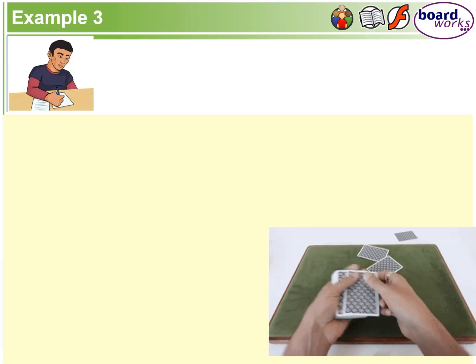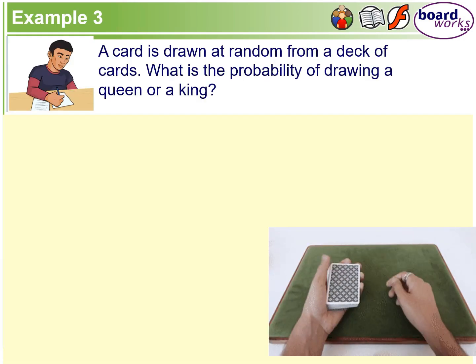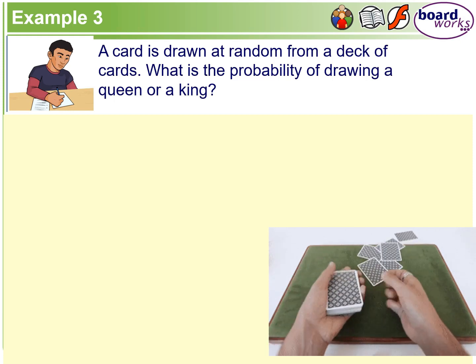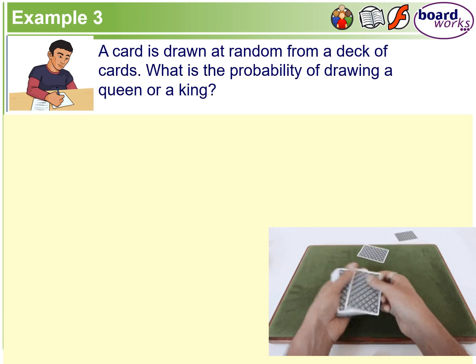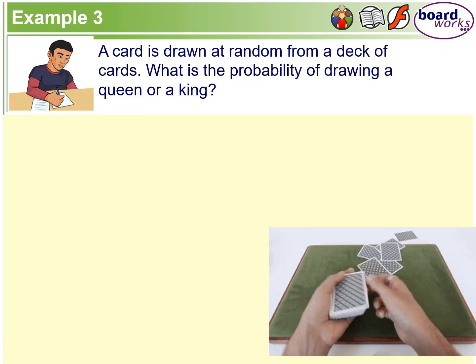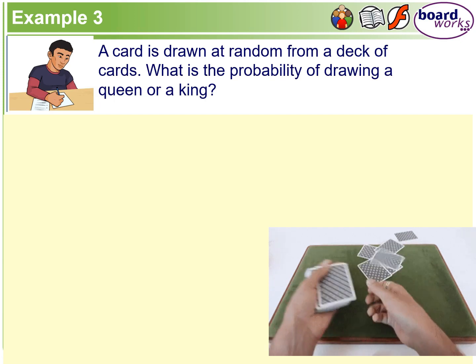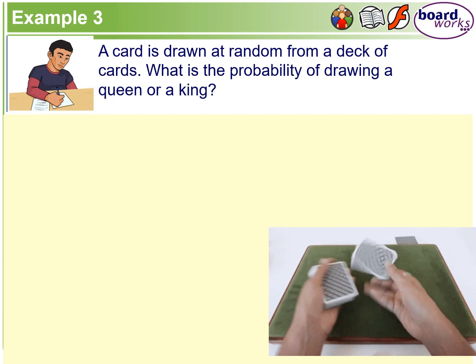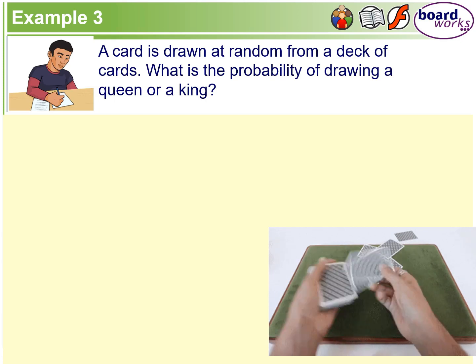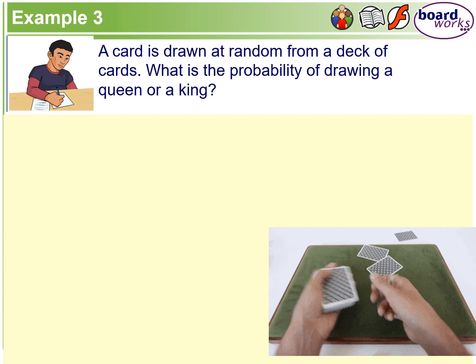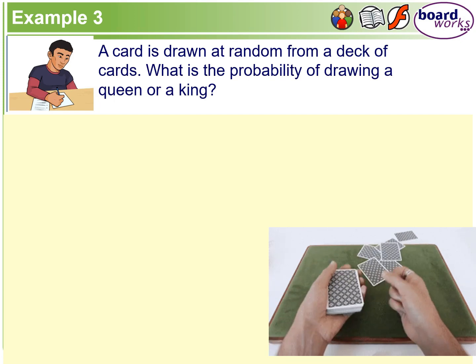Example number 3. A card is drawn at random from a deck of cards. What is the probability of drawing a queen or a king? Let's first identify whether it is mutually exclusive or not. Is there a queen which is a king? No. Therefore, this event is mutually exclusive.